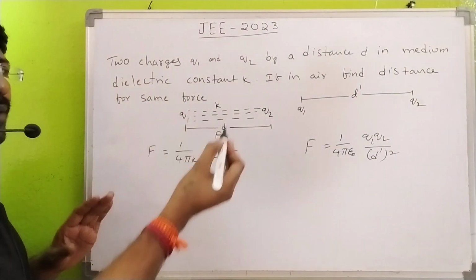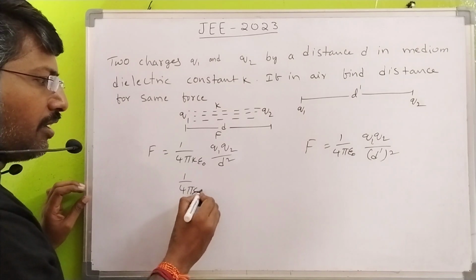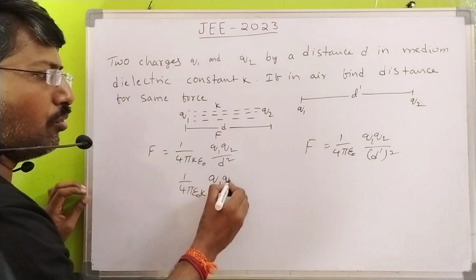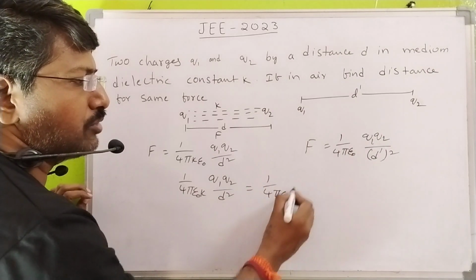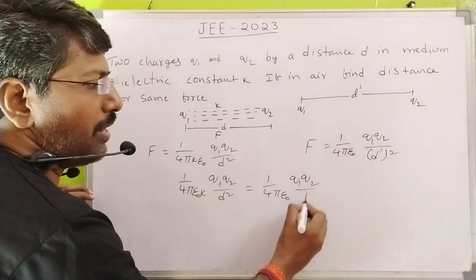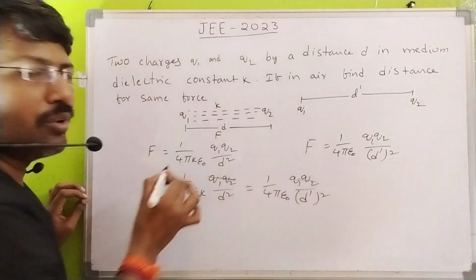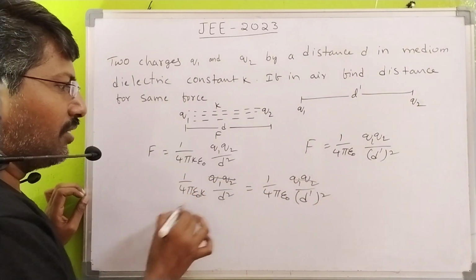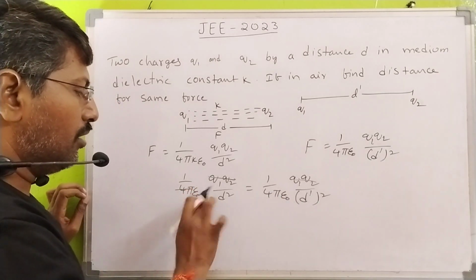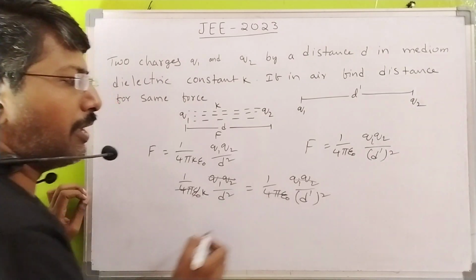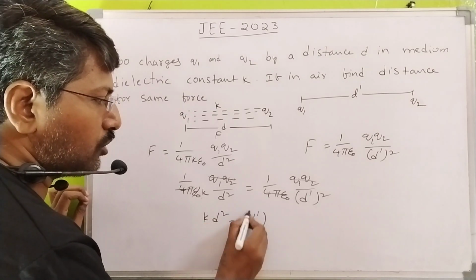Same force means comparison between these two. 1 by 4 pi epsilon naught K Q1 Q2 by D square is equal to 1 by 4 pi epsilon naught Q1 Q2 by D dash whole square. Here Q1 Q2 cancel, and 4 pi epsilon naught cancels. So finally you will get K D square is equal to D dash whole square.